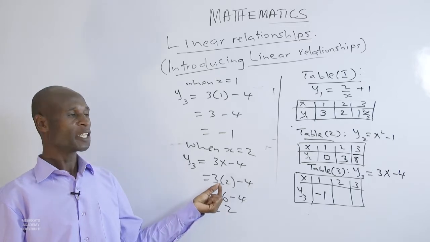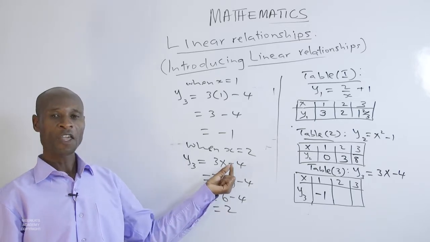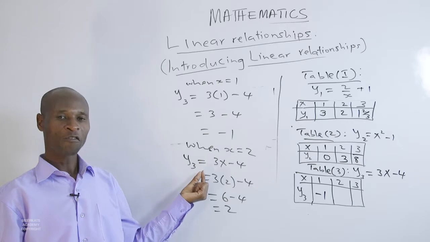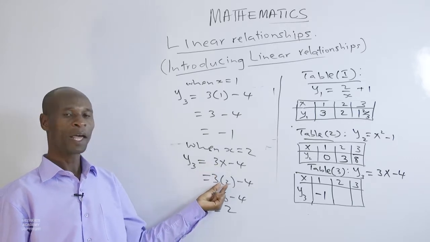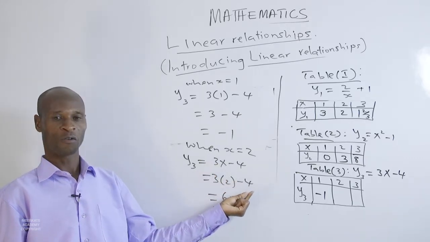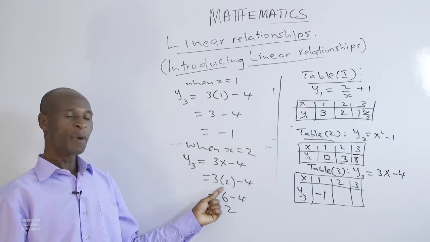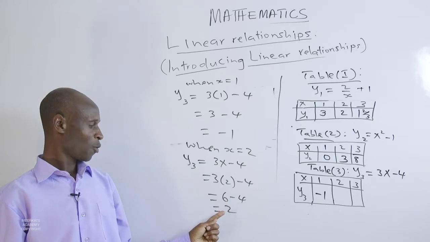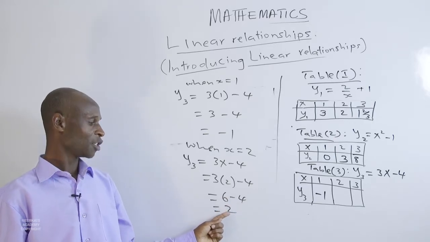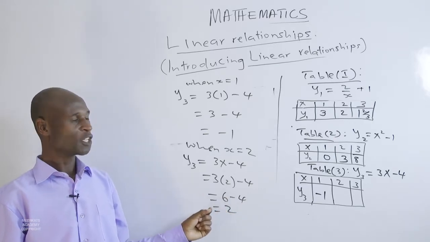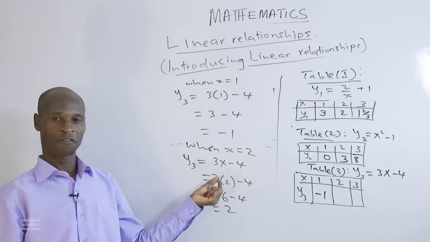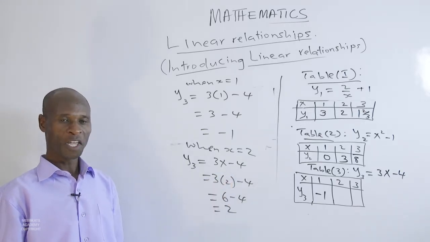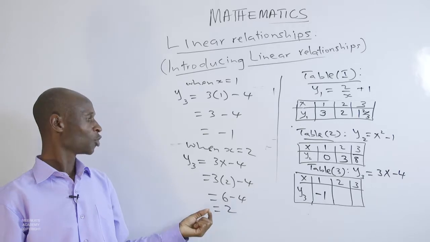Having substituted in our relation, when the value of x is 2, the value of y is 3 multiplied by 2 minus 4. 3 multiplied by 2, the result is 6. Minus 4, we find that our result is 2. Therefore, when the value of x is 2, the corresponding y value is 2.